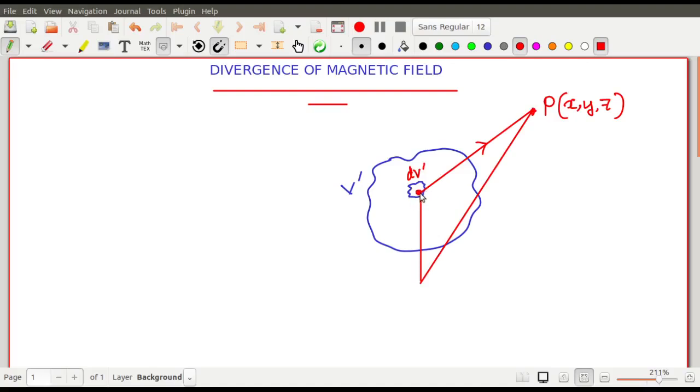The coordinate of this particular point, this one is suppose origin O, and the coordinate of this particular point, এই পয়েন্টটার কোঅর্ডিনেটটা আমরা নিচ্ছি, I take to be x dash, y dash and z dash. Space problem, জায়গা পাচ্ছি না লেখা.